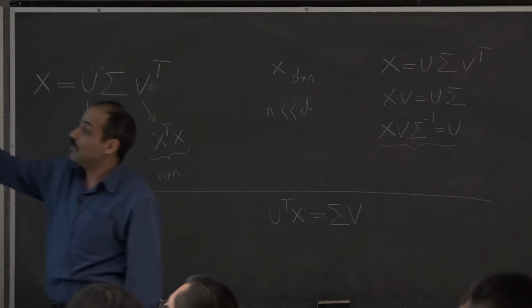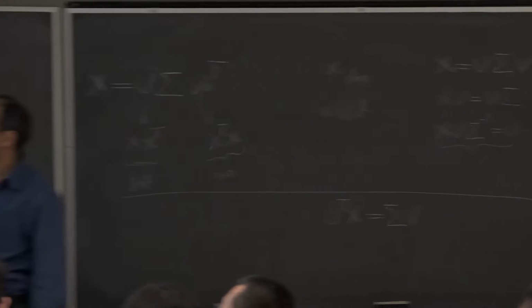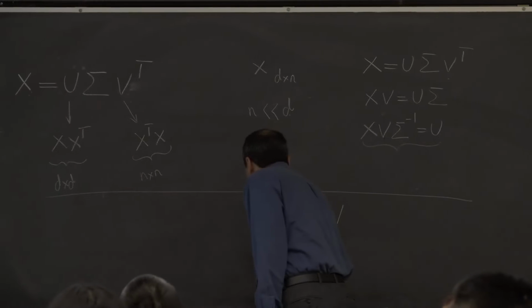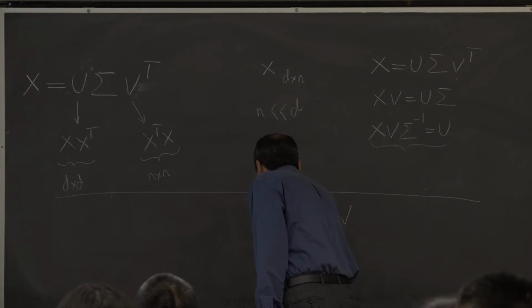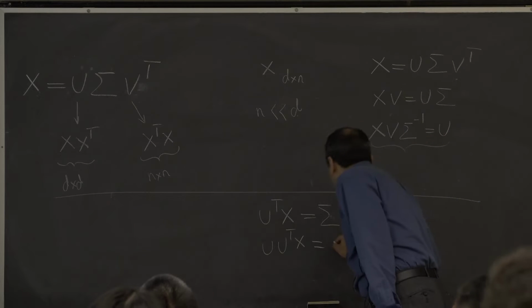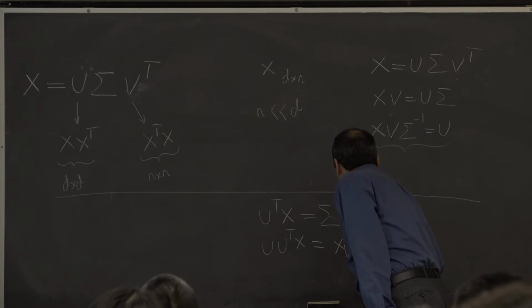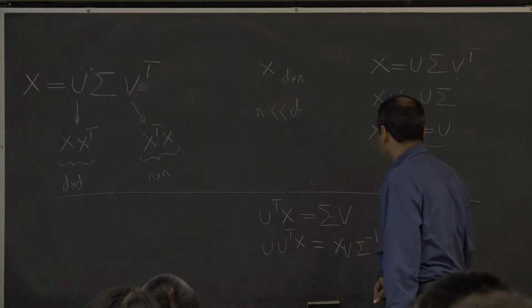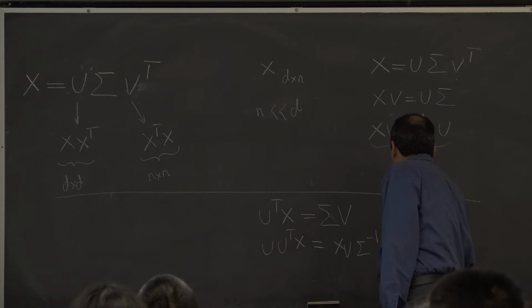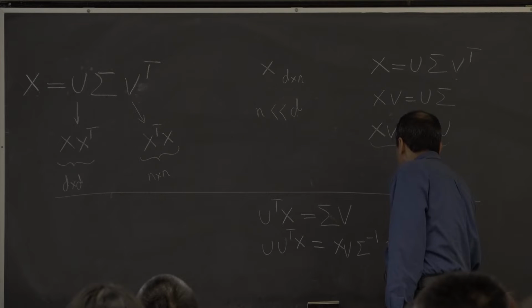Or say, for example, I want to reconstruct a point. Reconstruction is U U transpose X. Okay? And U is X V sigma inverse. And U transpose is sigma inverse V transpose X transpose.